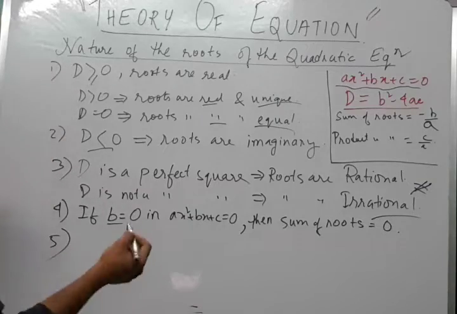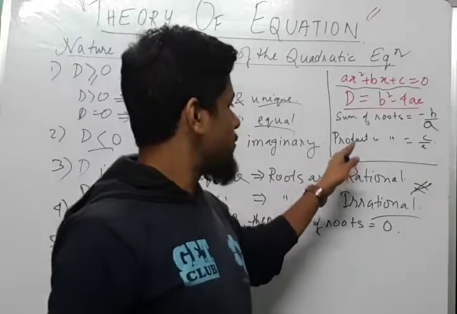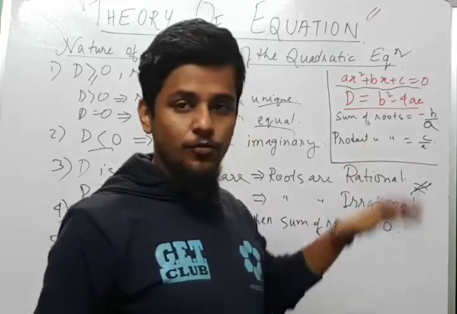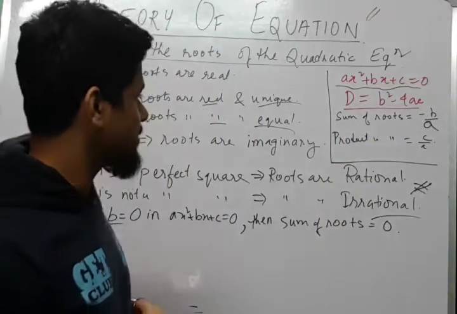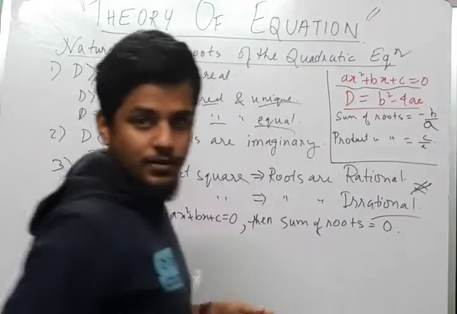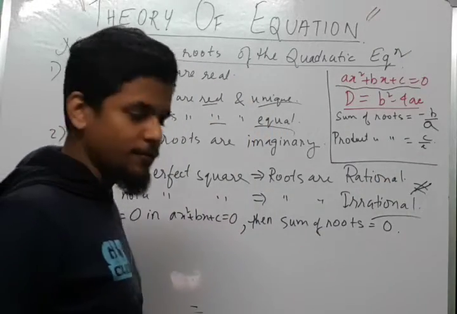And another condition that we need to know is what happens if the product of the roots is equal to 1. Now if the product of the roots is equal to 1, that will imply that c by a is equal to 1, and that will imply that c is equal to a.